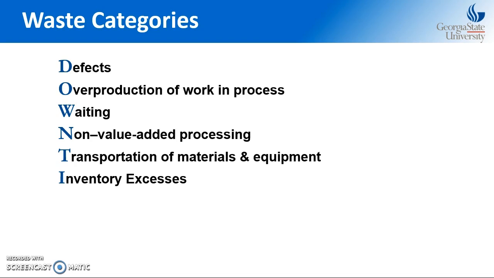Inventory excesses. Ideally, a lean process should have just-in-time delivery of its inventory, in which your supplier is providing you with the inputs you need at exactly the rate you need them. So you are never storing inventory that you will use to make your products.